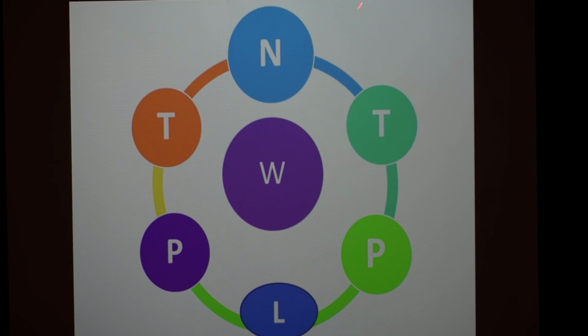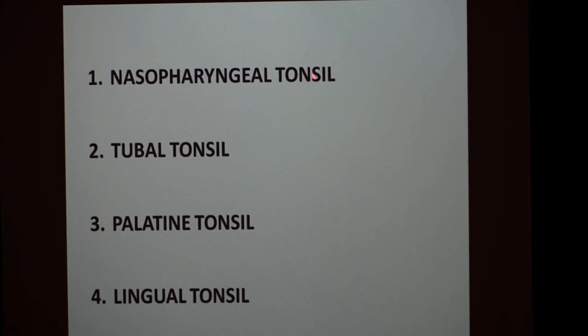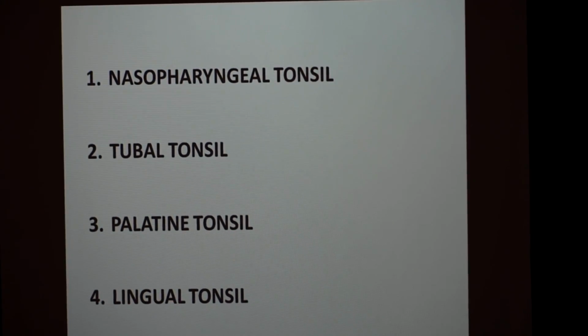So these tonsils are forming a circular ring around the oropharynx and the nasopharynx, to prevent the entry of microorganisms through food and the air. So which are they? The nasopharyngeal tonsils, tubal tonsils, palatine tonsil and the lingual tonsil.